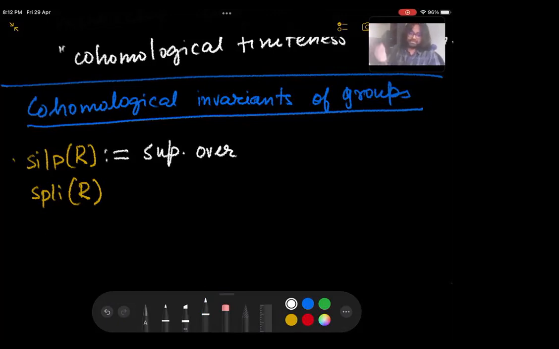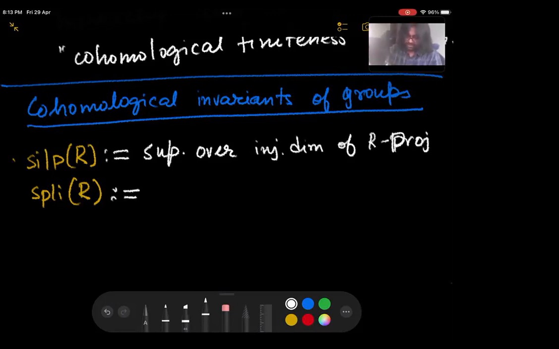The reason I'm saying length is because when these invariants were first introduced by two mathematicians called Gedrich and Grunenberg, they used SILP and SPLI instead of SIDP and SPDI. So it is the supremum over the injective dimension of all R projectives P. I'm not just focusing on finitely generated modules.